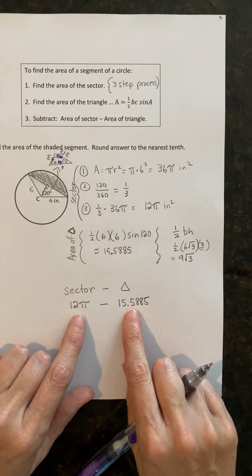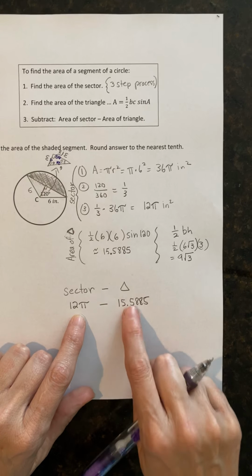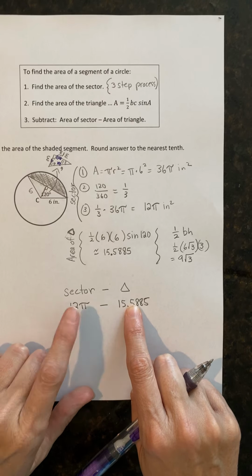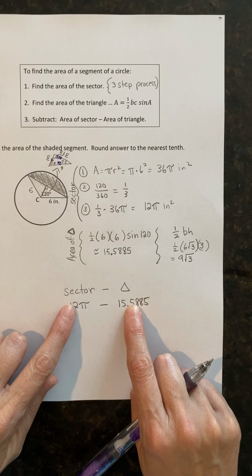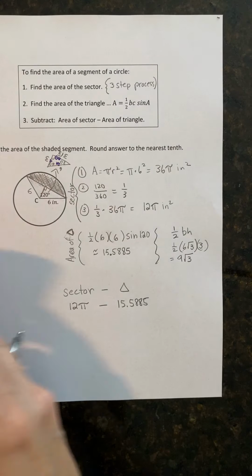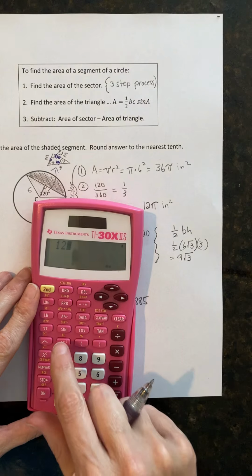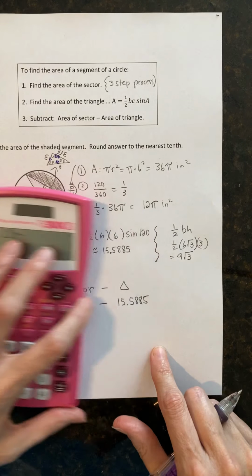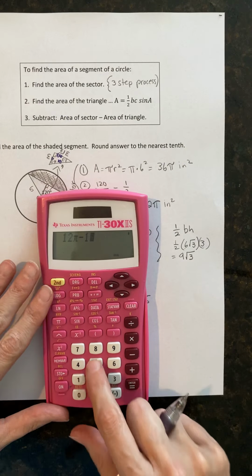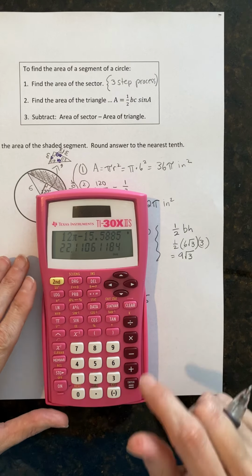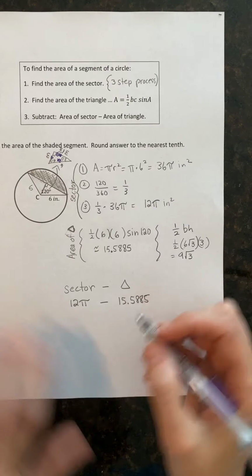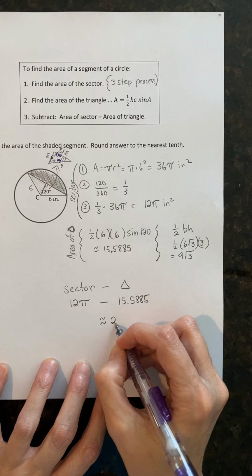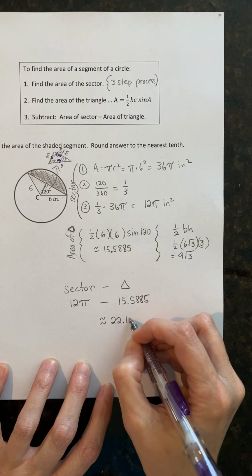Now, in my opinion, if this is already a decimal, then you might as well do that as a decimal and subtract and get one decimal answer. So 12 pi minus this 15.5885 gives you 22.1 roughly, so approximately 22.1 inches squared.